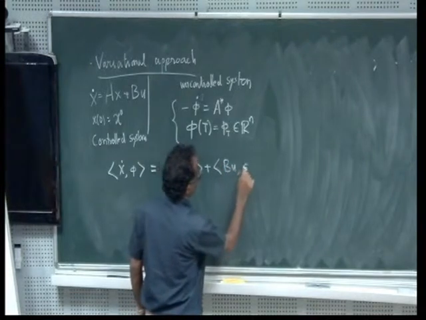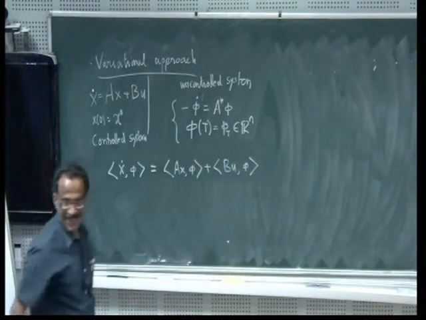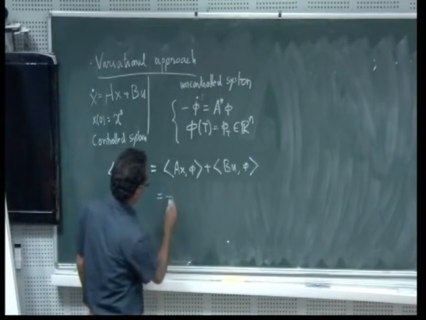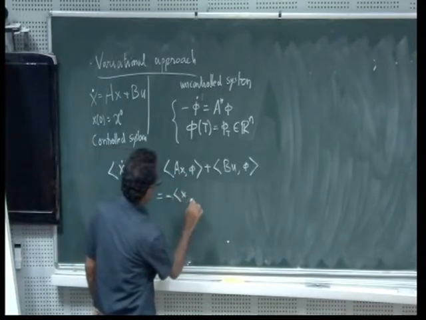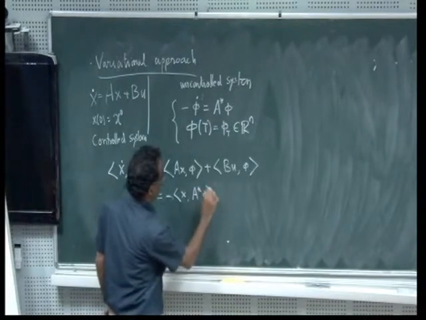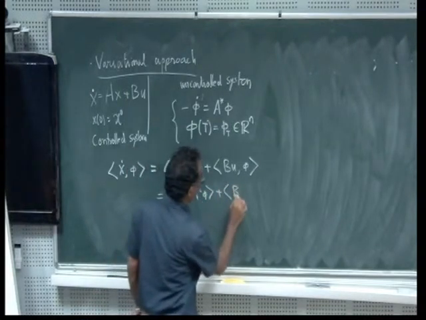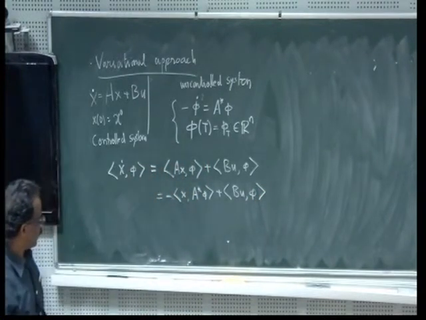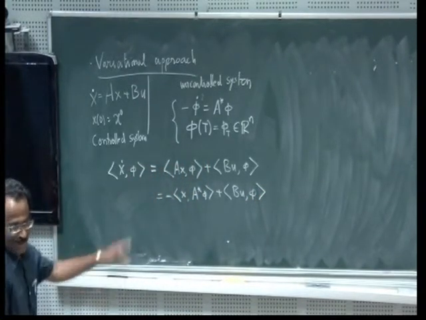Again, that's just a thing. Here you do the integration by parts. There will be minus x A star phi plus, this is a simple calculation, so you don't have to sleep. Only when you don't follow, you sleep, right? Fine.